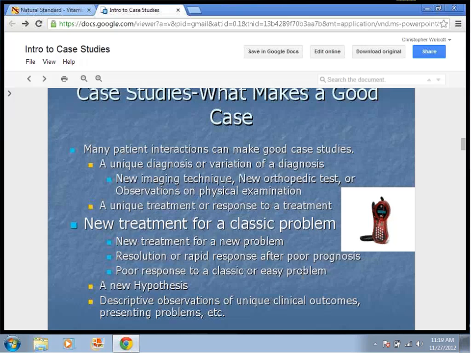Let's say you've come up with a new diagnostic test, new orthopedic test. Orthopedic tests exist almost exclusively as case studies initially, and sometimes they never make it past that. So an author will say, hey, I noticed that every time, I think a great orthopedic test is slump 8.